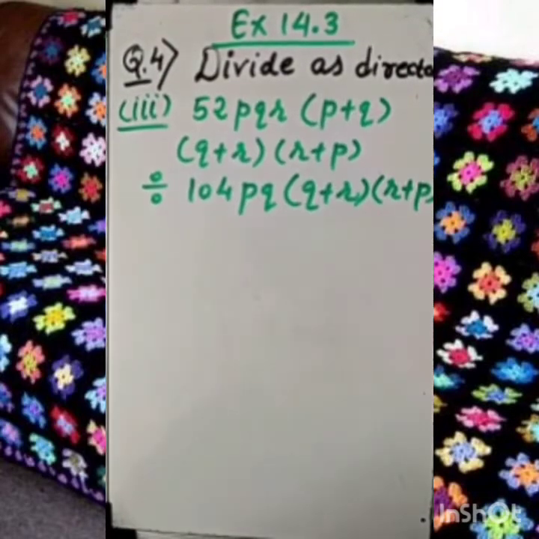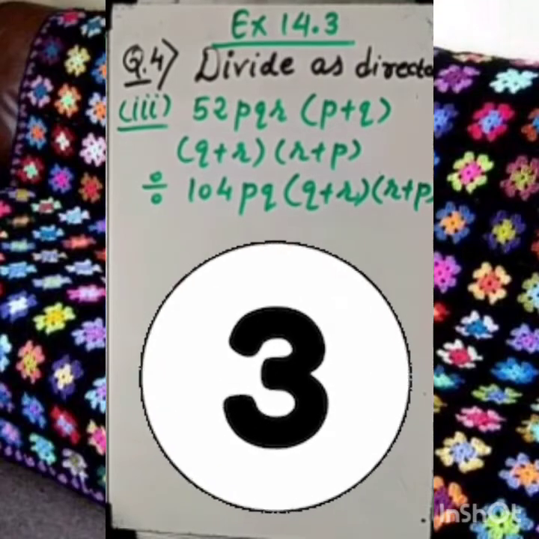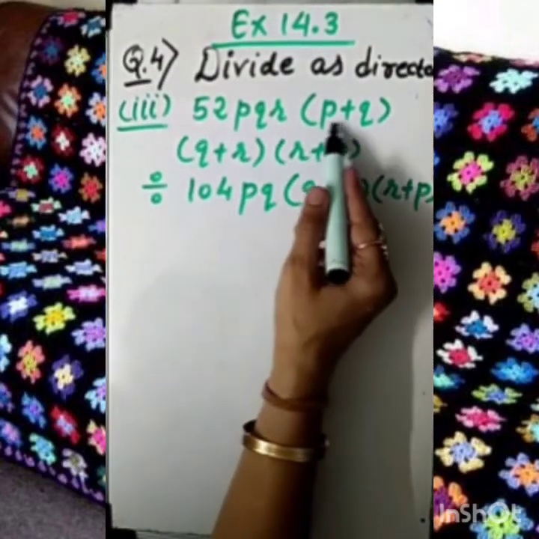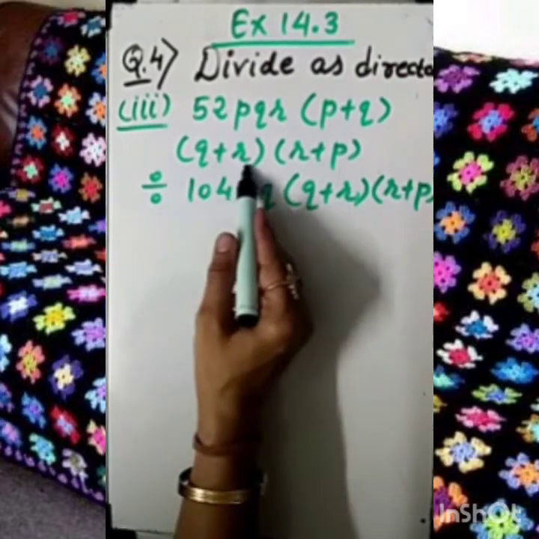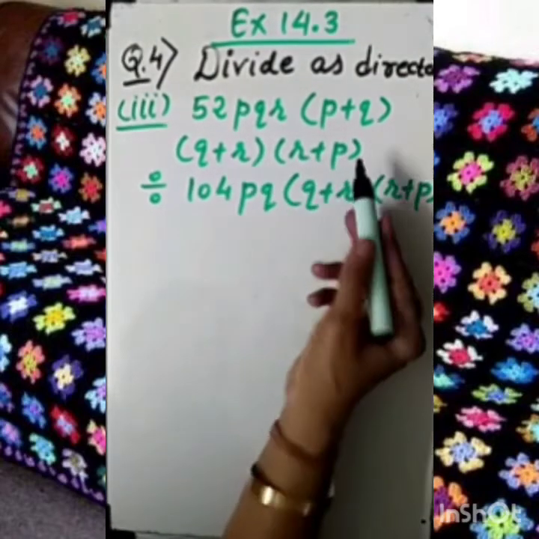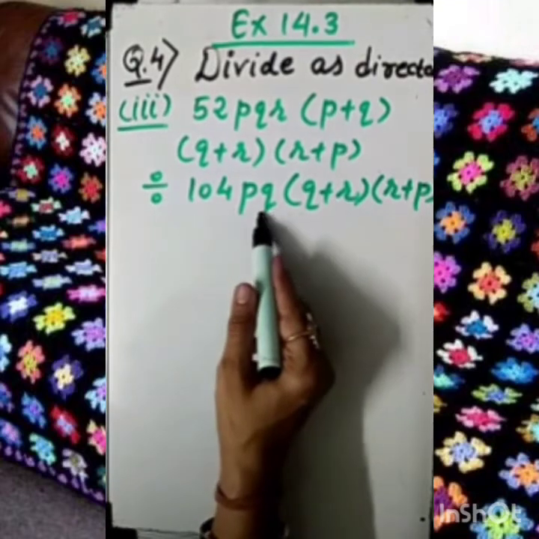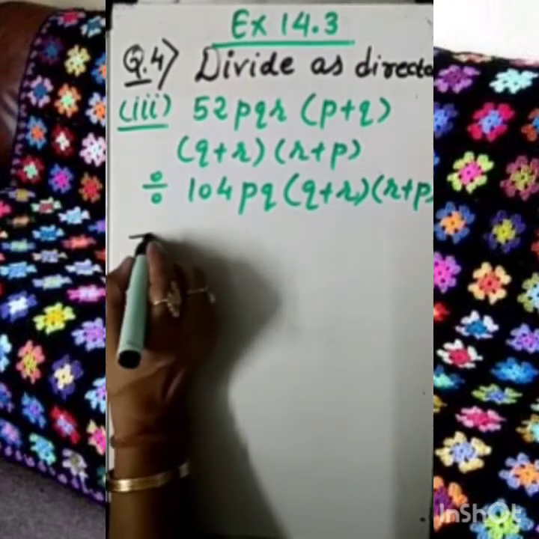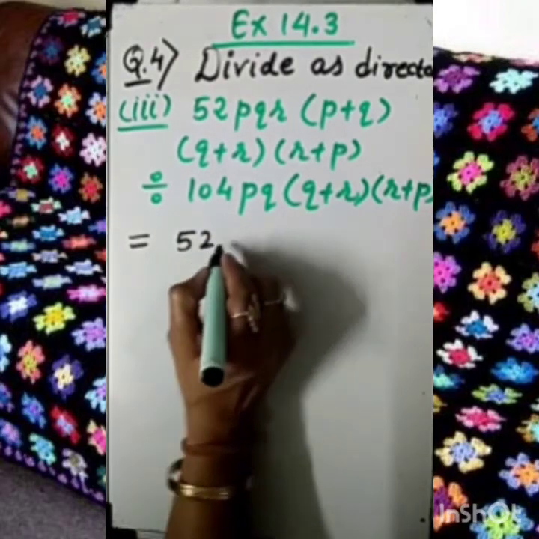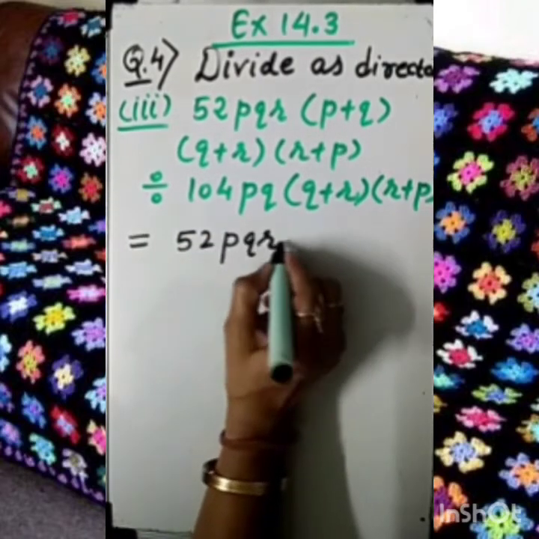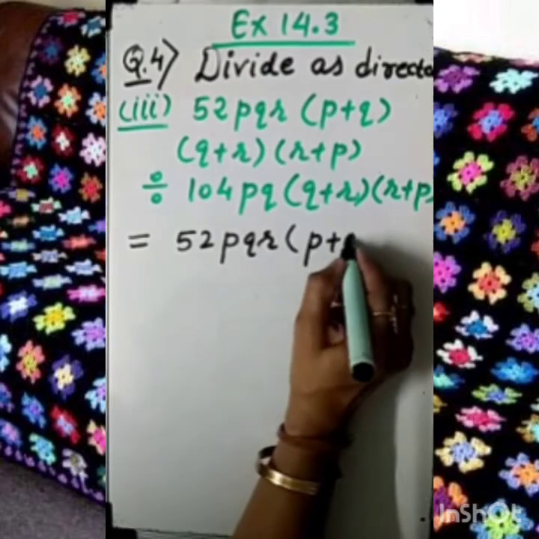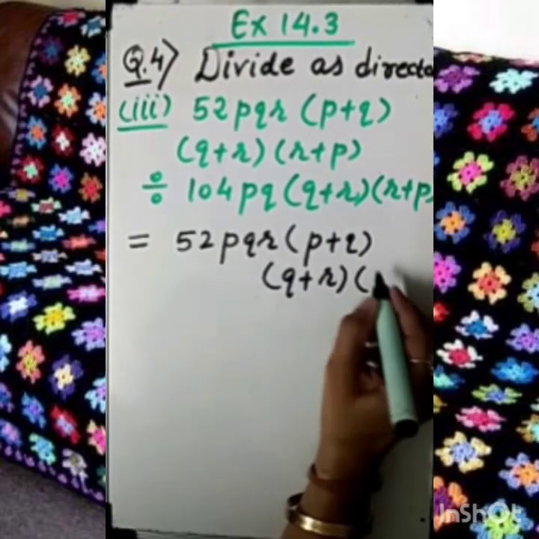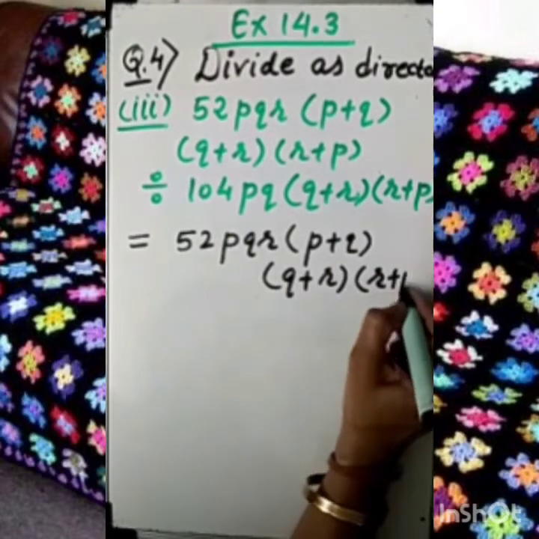So, dear student, here you can see the third one is 52pqr(p plus q)(q plus r)(r plus p), divided by 104pq(q plus r)(r plus p). So let's mention in the numerator 52pqr along with the three brackets, p plus q, q plus r, and the third bracket r plus p.